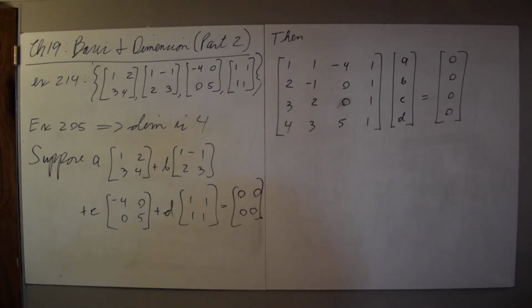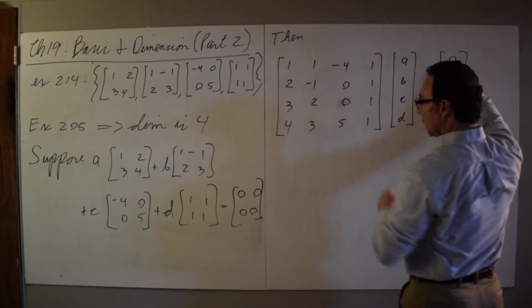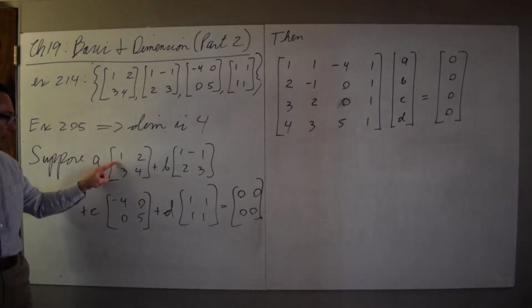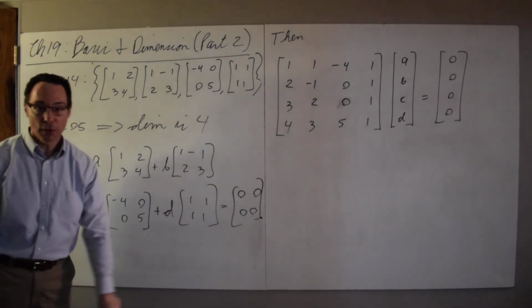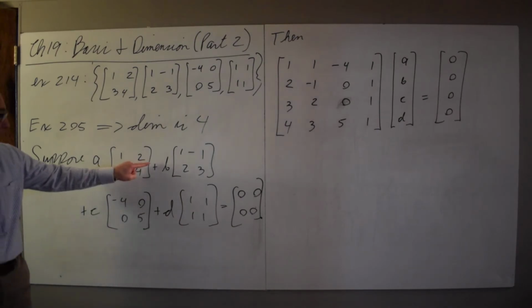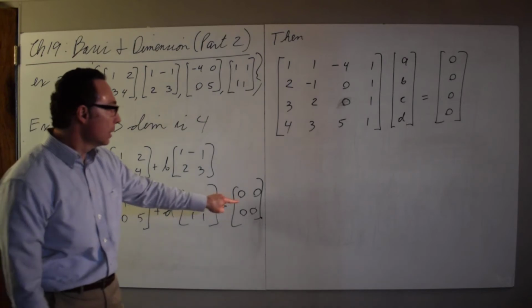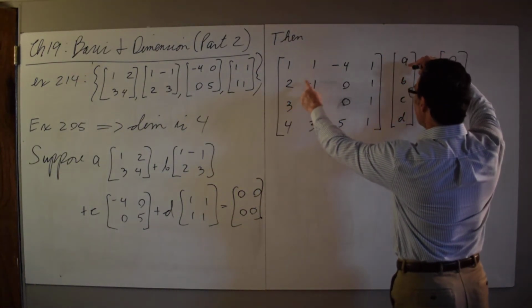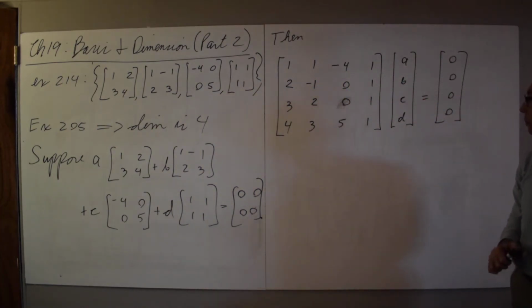Doing the multiplication, A plus B minus 4C plus D is 0. That's what we have from the 1, 1 entries of these matrices. And it's the same for the other 3 entries. From the second row, we would have 2A minus B plus 0 plus D equal to 0.